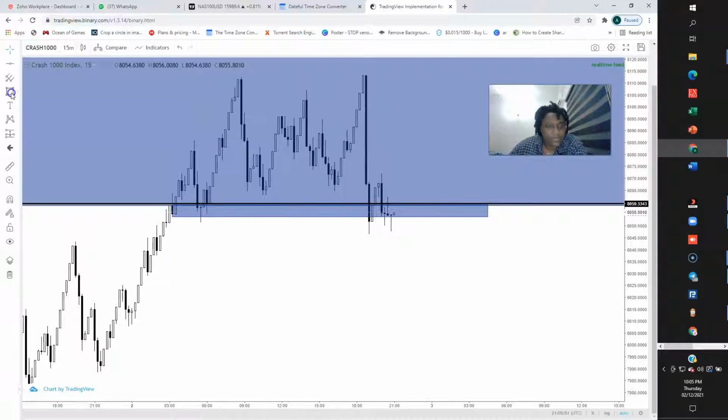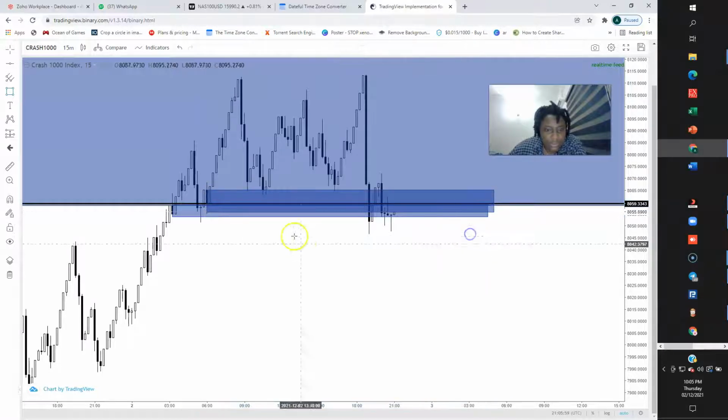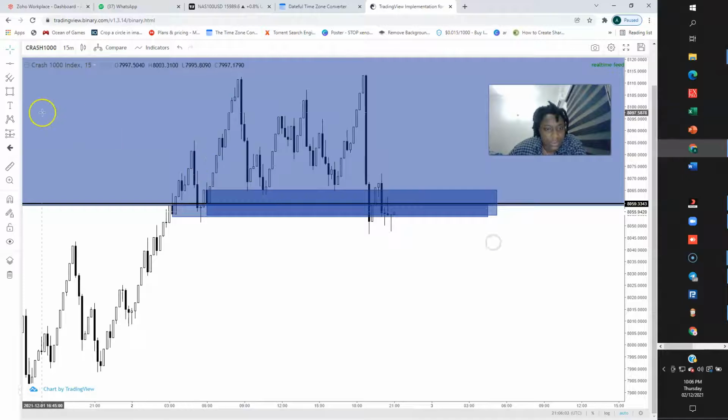I'm taking note of another structure here. I'll just put this over the previous one that I drew. I'm taking note of the structure here.